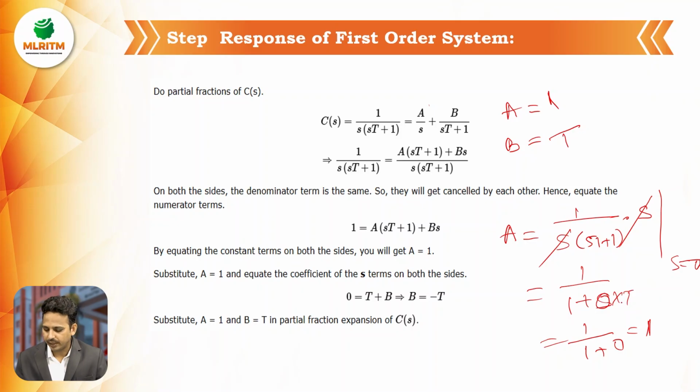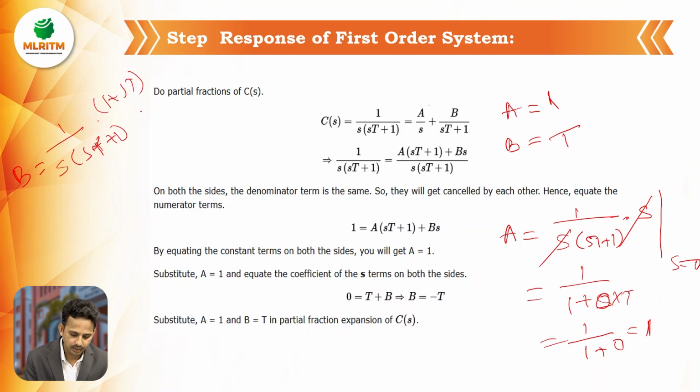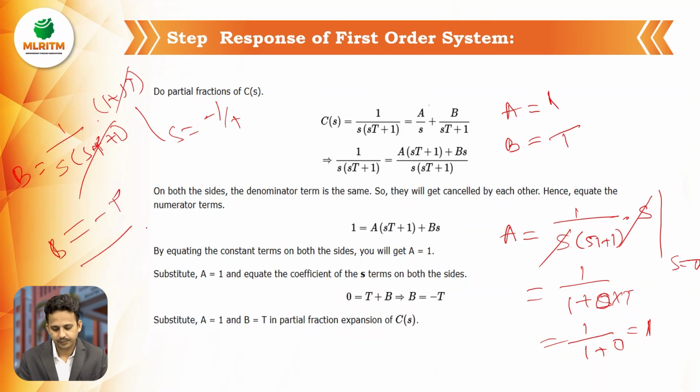So I can easily find the A value. Similarly, I can also find B: multiply by (1 plus s tau) and substitute s is equal to minus 1 by tau. So this cancels, and you will get B is equal to minus tau.